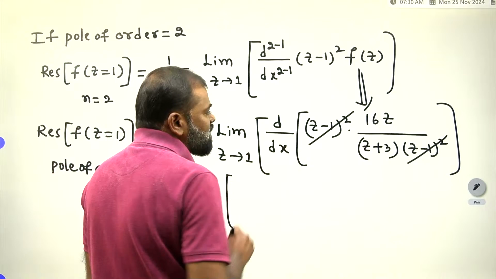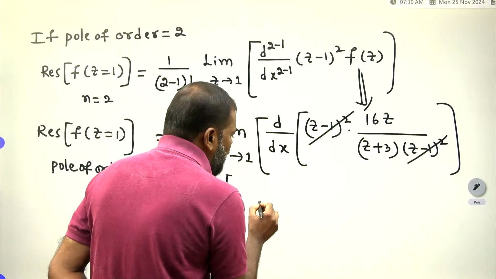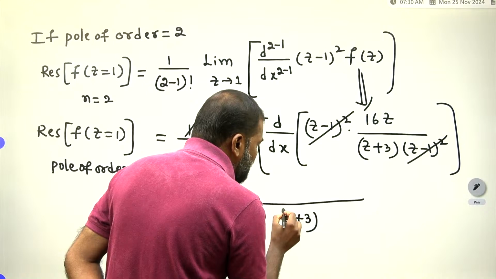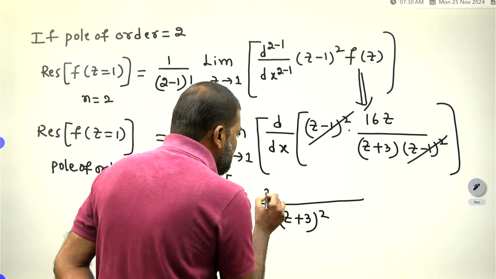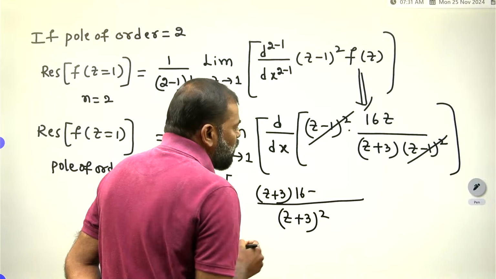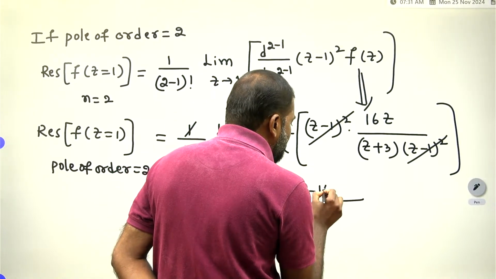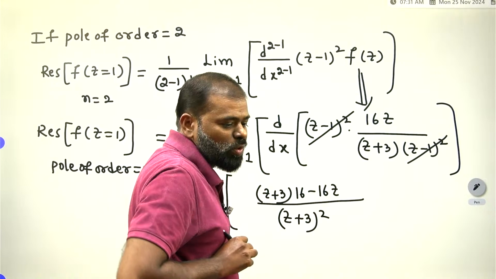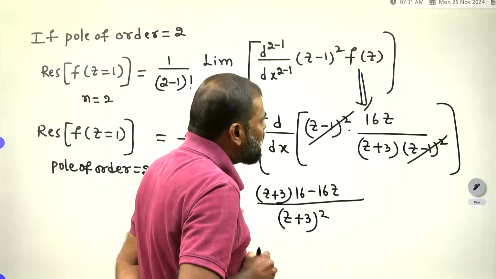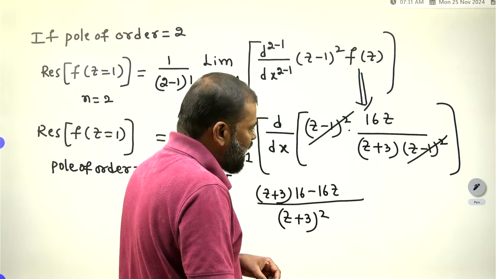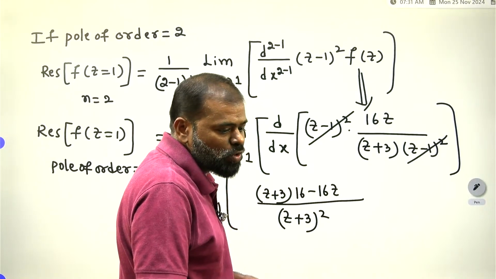d by dz of, there is a differentiation. How we have to write the differentiation? (z plus 3) whole square into (z plus 3) into 16 minus 16z into minus (z plus 3) 16 into minus 16, into which one we have to write here?